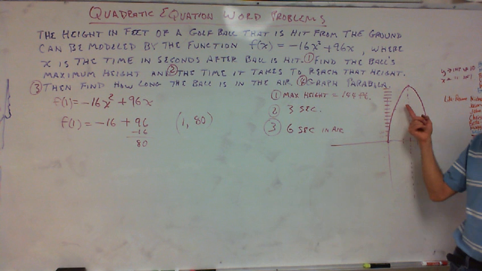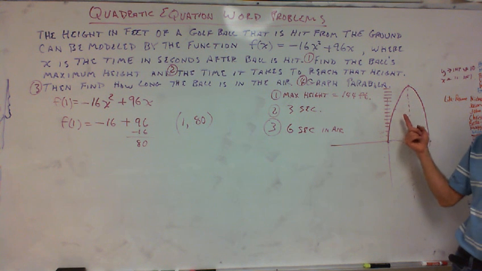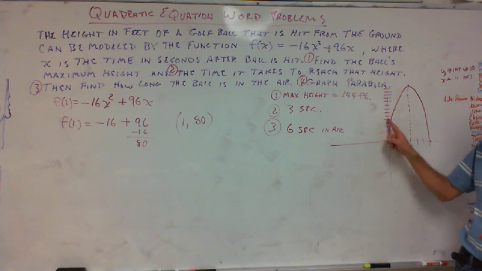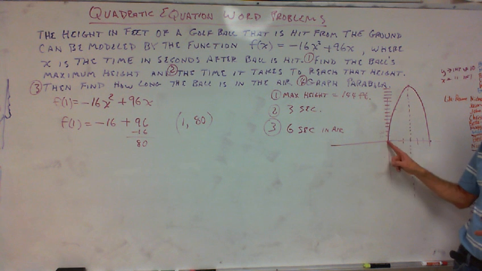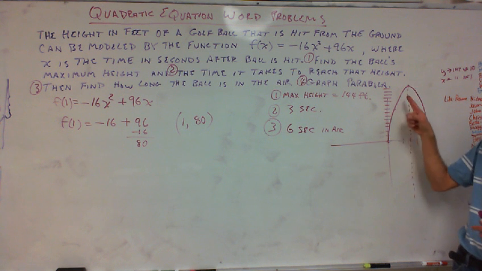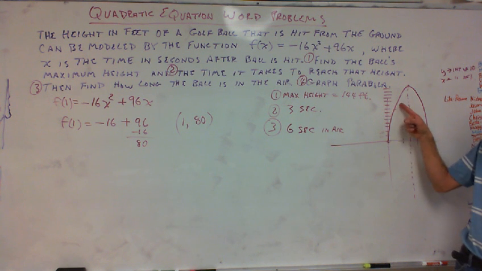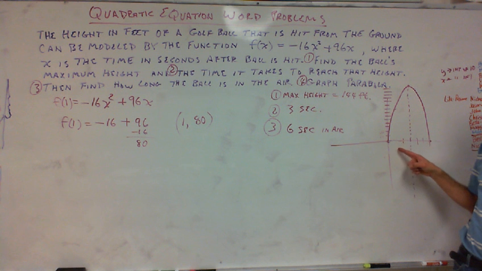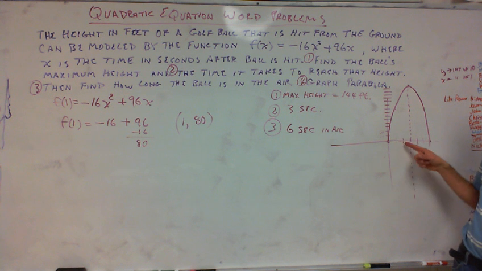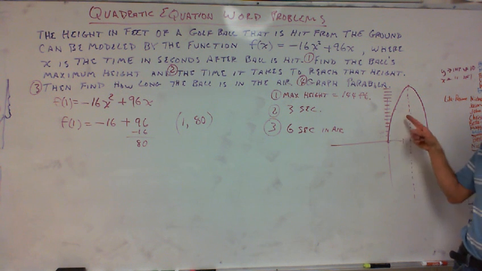But the other idea I had was I want a dot somewhere between here and here, right? I have a dot here and I have a dot here. I want something in between. So I asked, and Lila said, when x is 1, it'd be nice to know where the dot is up here when x is 1. That's another way to do it. Or we could have done when x is 2, right?